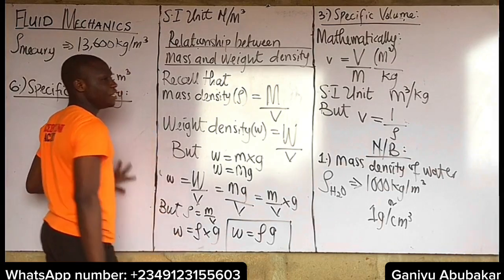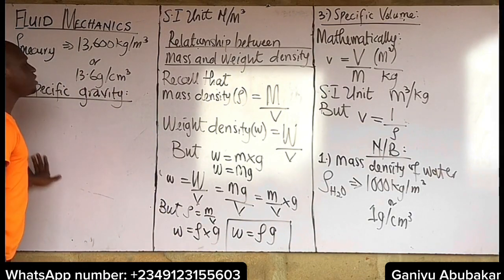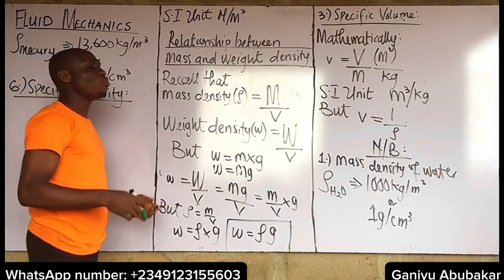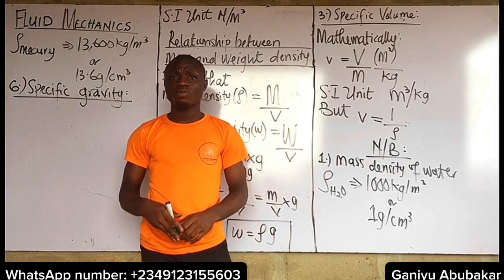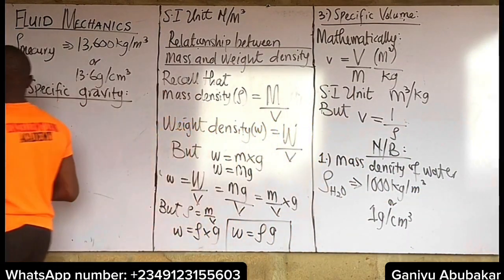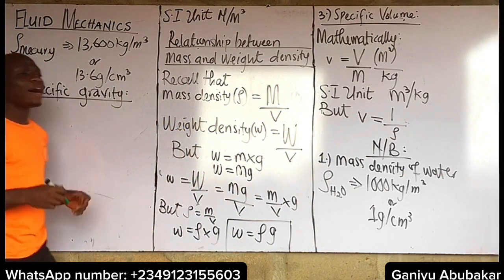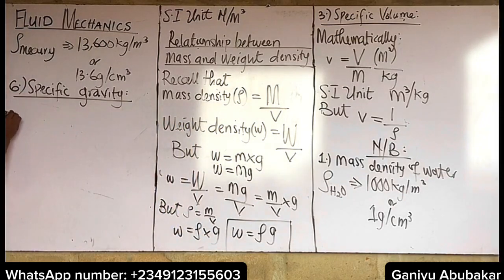Definition: specific gravity is simply the ratio of specific weight of a fluid to the specific weight of water. It is represented by Sg.